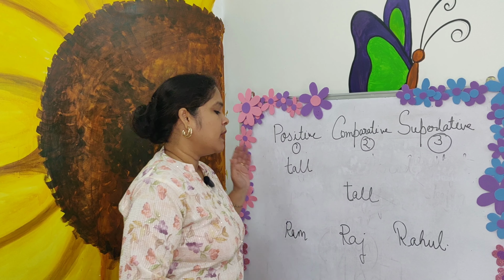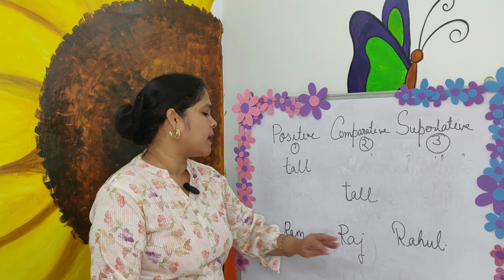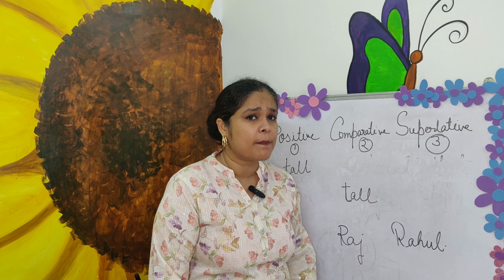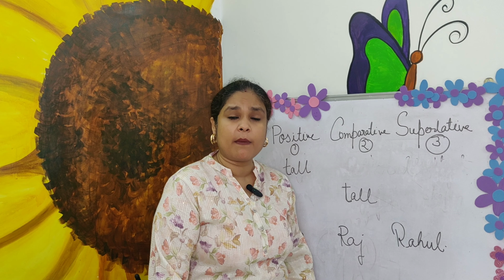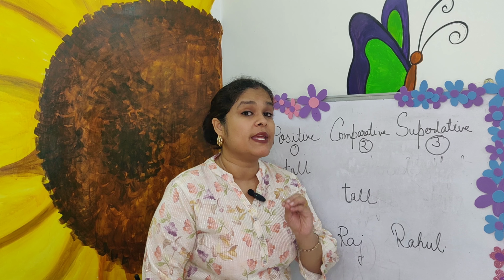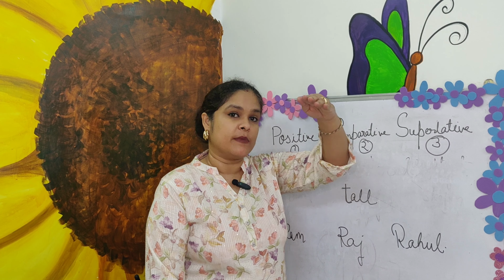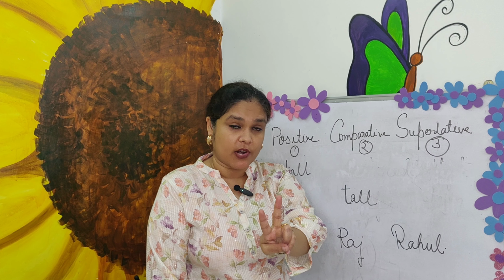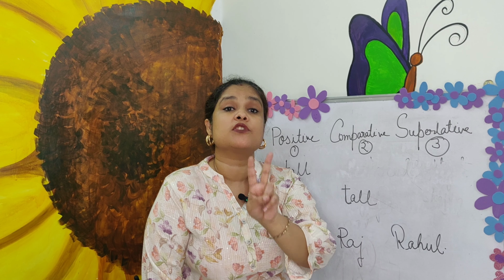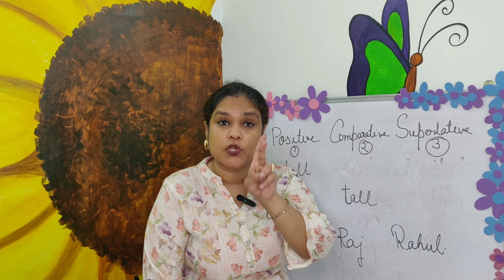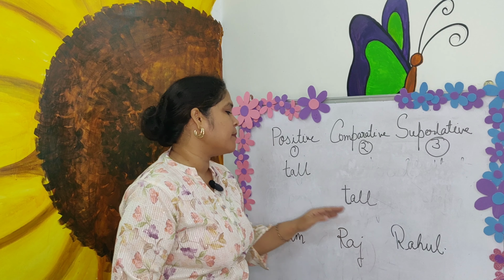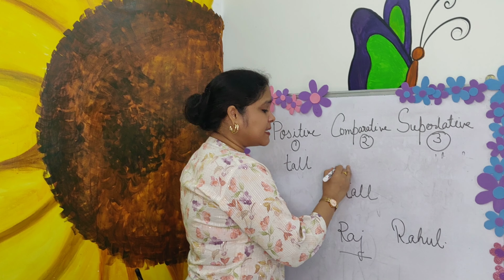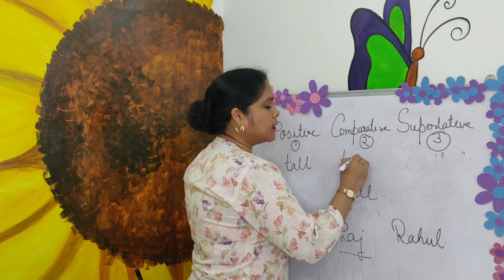Then if I'm comparing, Rahul is taller than Ram. So if I compare Rahul and Ram, I see that Rahul is taller. Ram is tall, Rahul is taller. So when I'm comparing Ram and Rahul, which means I'm comparing the trait of being tall in two nouns or two people, I am using the comparative degree of adjective, that is taller.